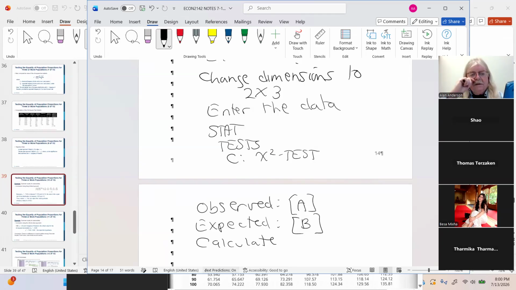Uh-oh, I did something wrong. Oh, you know what it is? Okay, I believe what it's upset about is that we have to go back and change the dimensions of B as well.